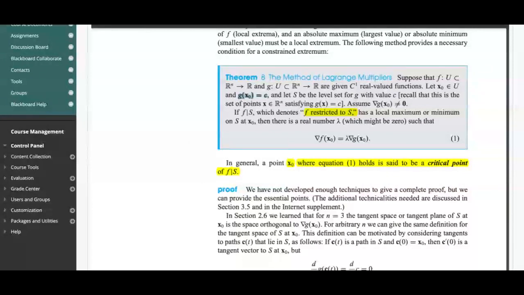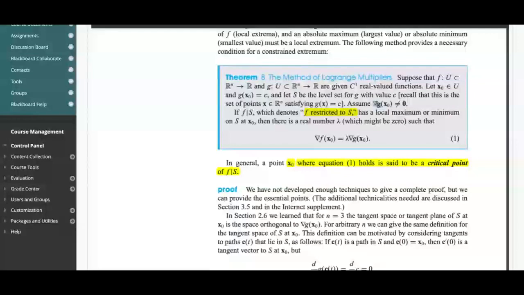So the constraint is usually represented as a level set, right? g evaluated at x naught equals c. We know this is a level set of that object. So S is the level set for g with value c. And of course, we don't want to deal with gradient equals 0.